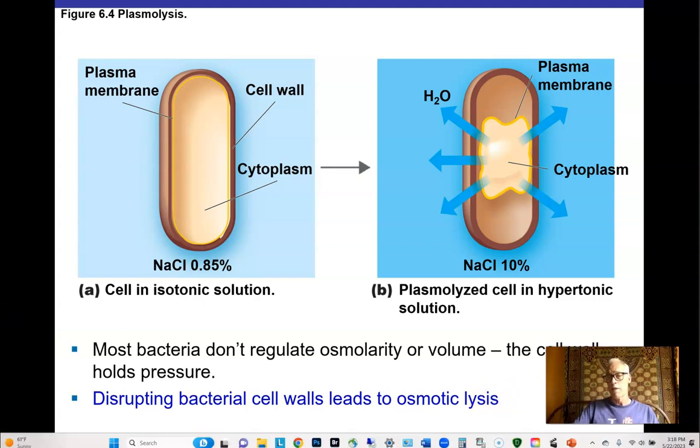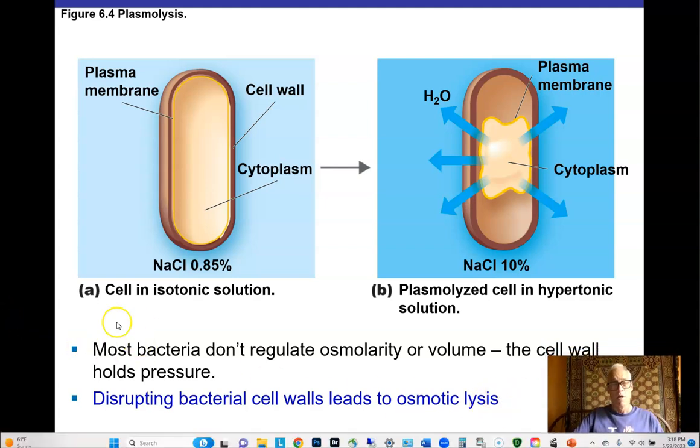This picture is talking about plasmolysis above, but the lower part of this text down here doesn't have anything to do with plasmolysis. It's talking about the fact that bacteria don't need to regulate their fluid volume. Yes, you can put bacteria in a hypertonic solution, but usually bacteria find themselves in a hypotonic environment, which means water will be moving into the bacterial cell by osmosis because there's more concentrated solute inside the cell, a lower water concentration.